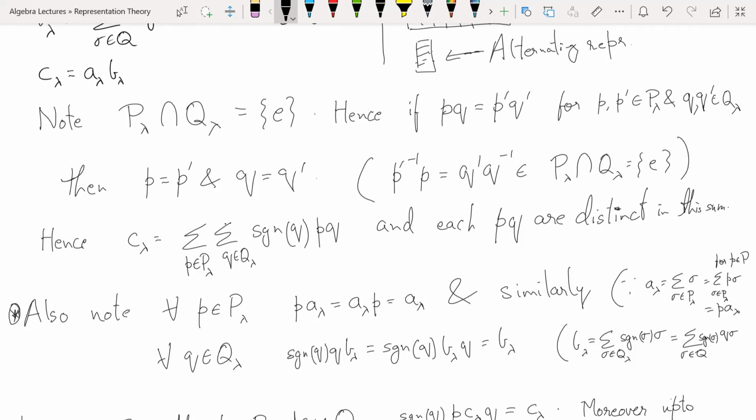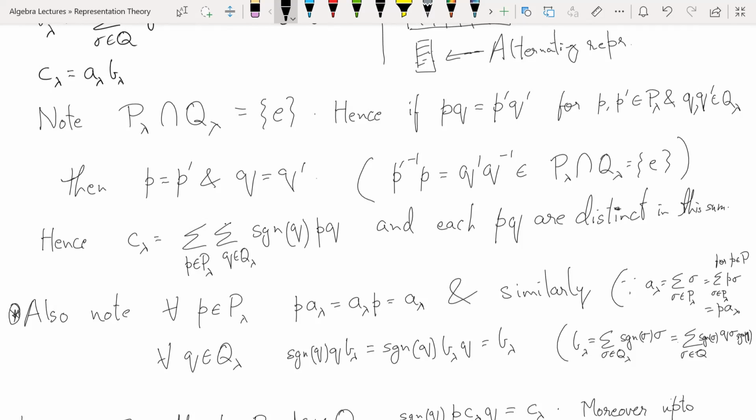But if q is an odd permutation, then a negative sign comes in. So what you have to do is multiply by sign q as well. Then this identity holds.